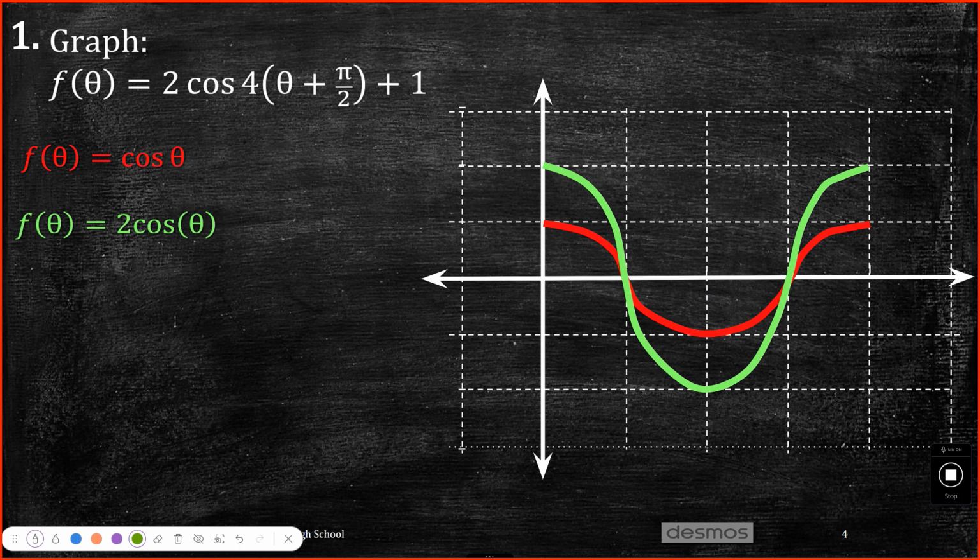Then we're going to draw the next transformation, which is the 4. So I'm getting rid of it so I can be clear on what I'm trying to teach. What's going to happen when we put a 4 in front of the theta? 4 birds.